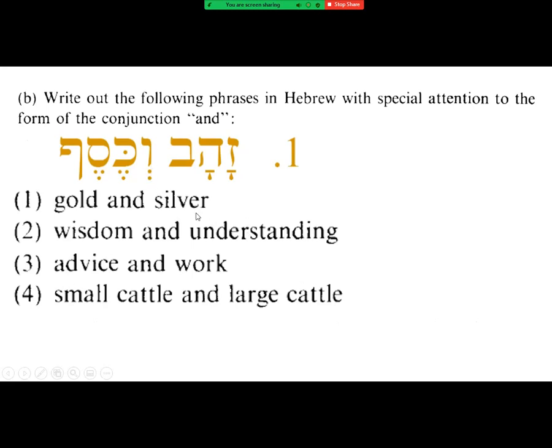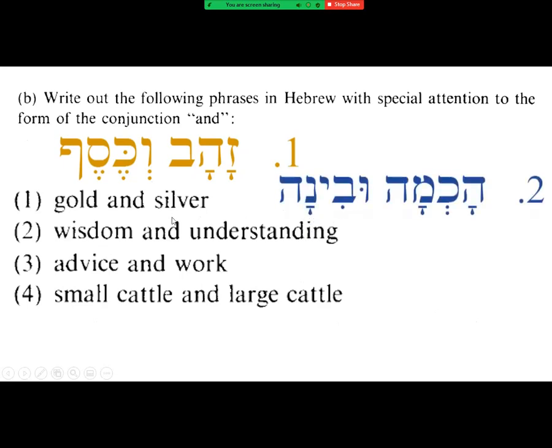However, this next one doesn't go that way. Wisdom is Chokmah, and Chokmah didn't change. But understanding has one of the labial consonants, a B, so you have the U in front. Instead of v'bina, it's u'bina. So Chokmah u'bina.